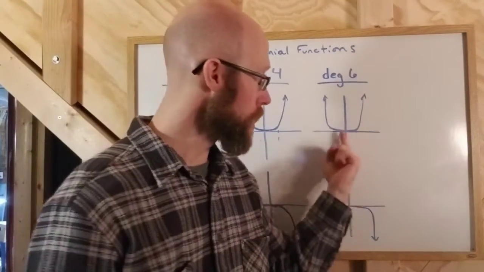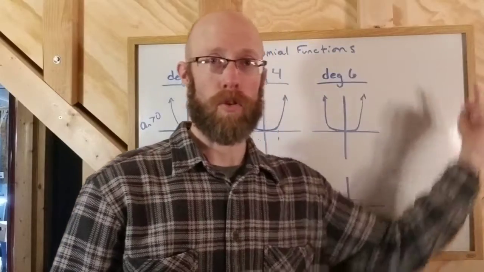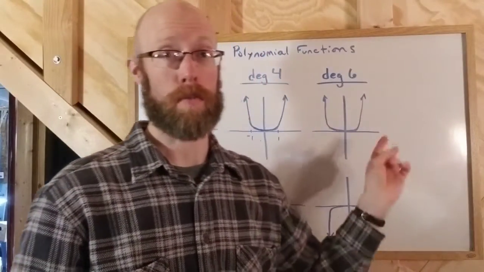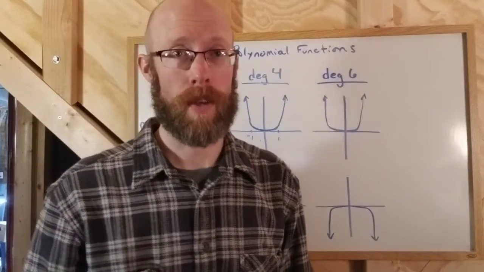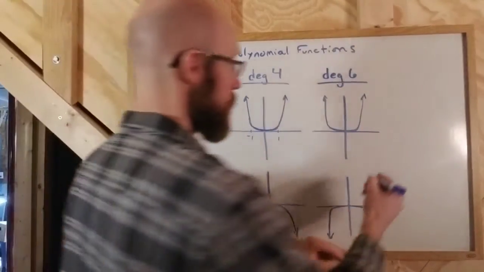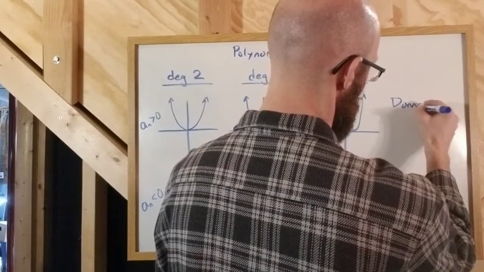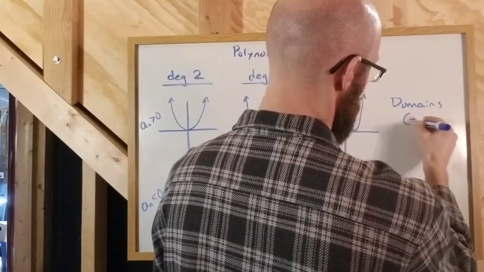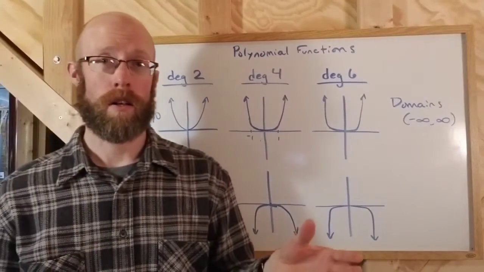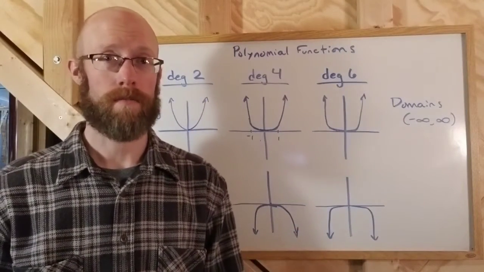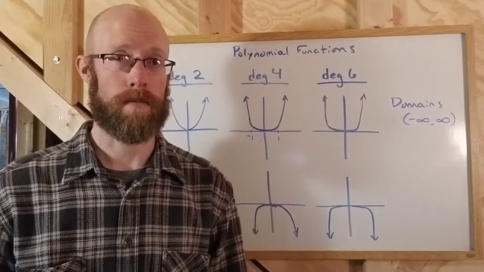Every number on the number line will correspond to a point. It's just going to be way up there or way down there, depending upon the direction of the graph. So the domains are always all real numbers, and that goes for all polynomials. Even degree, odd degree, doesn't matter.